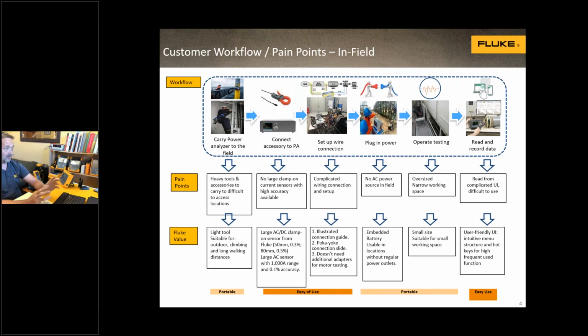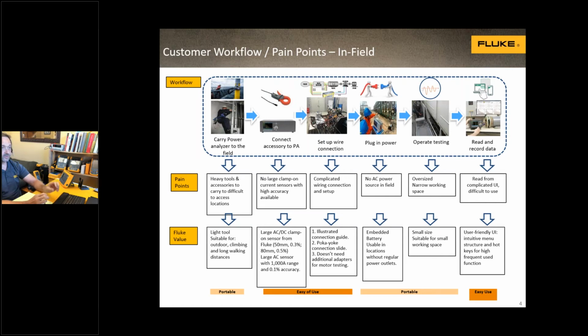Power: you're out in the field and you don't have access to running extension cords and using the local voltage, so having a battery powered unit helps. The dimensions are fairly small and portable compared to a boxy bench model. And then the user interface.